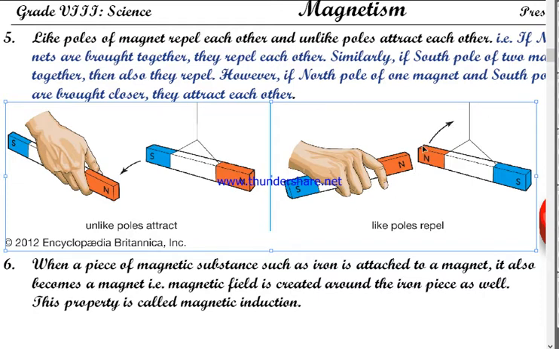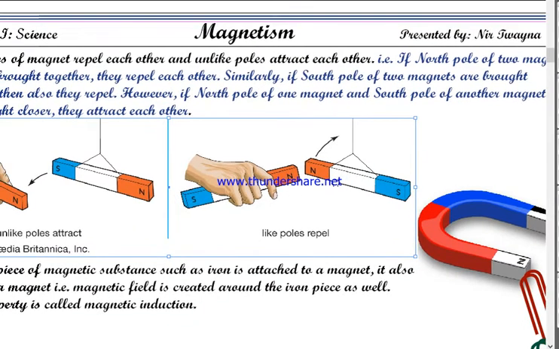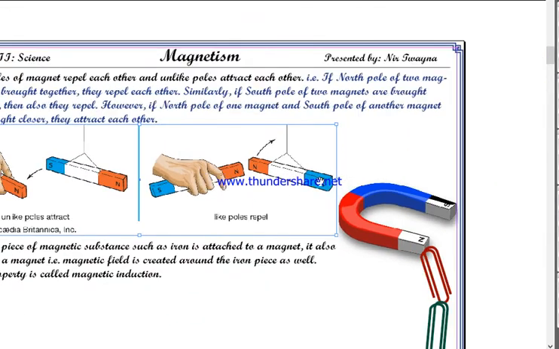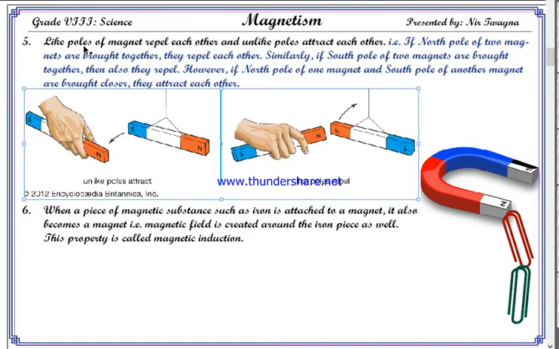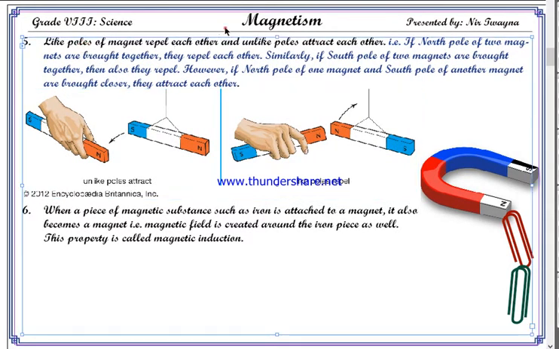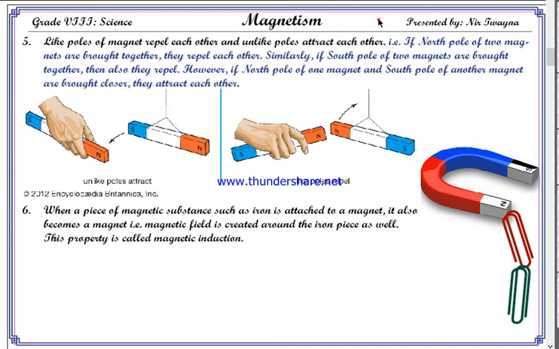See the arrow? In case of unlike poles, magnets attract. In case of like poles, magnets repel. That is also a specific property of a magnet. See the note: like poles of a magnet repel each other and unlike poles attract each other.